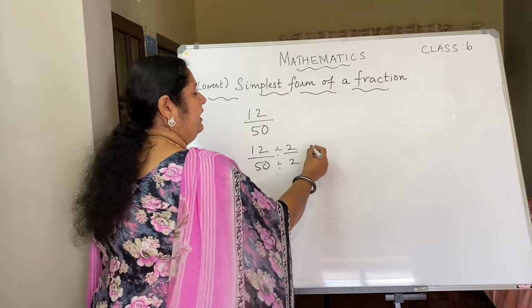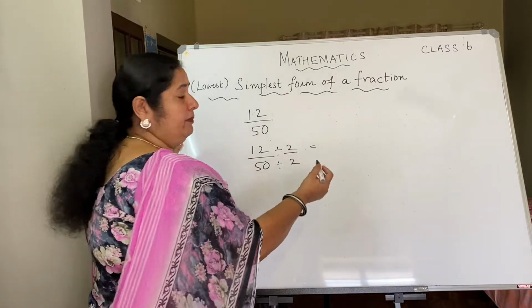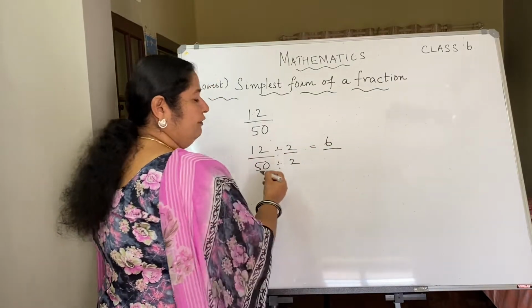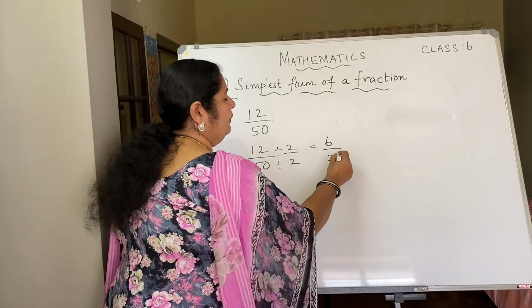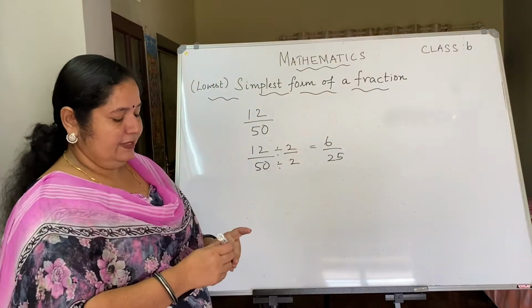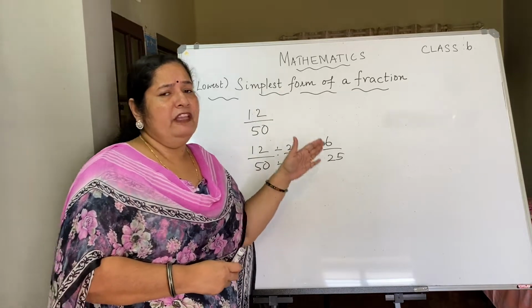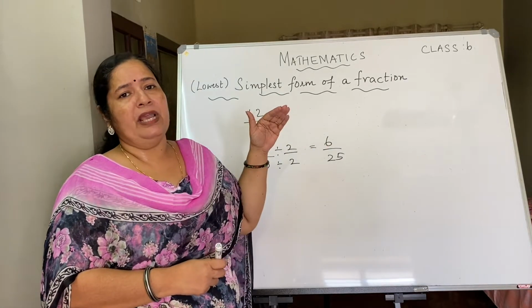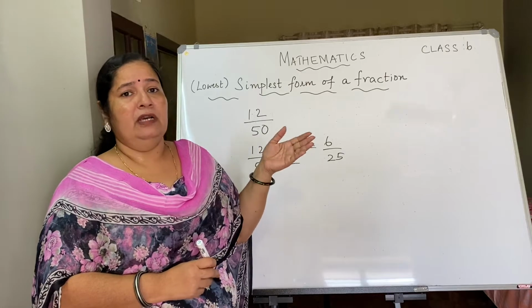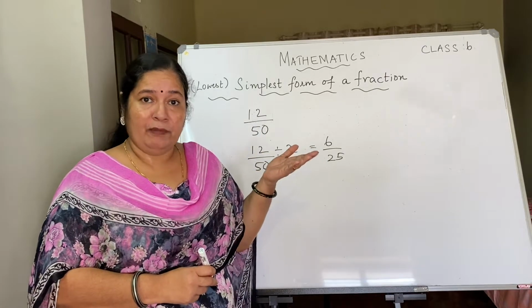So 12 divided by 2. What is 12 divided by 2? 6. 50 divided by 2? 25. 6 by 25. Now here you see whether they are coprimes or whether they have more common factors.